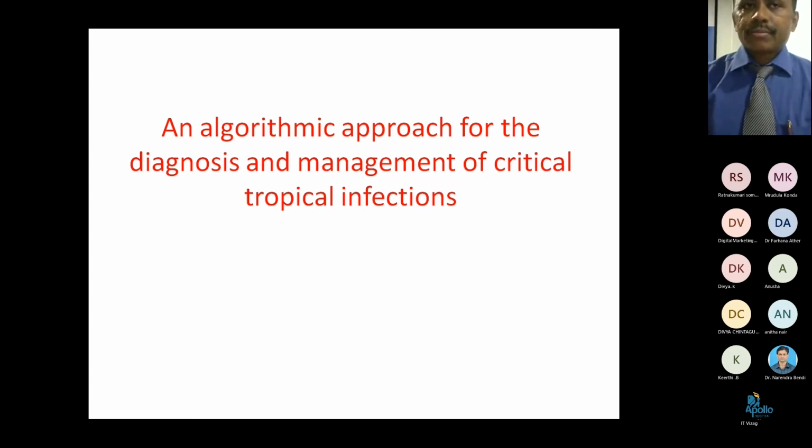So that was the basis for ISCCM to work on this particular area of healthcare, and they came up with a nice algorithm which would be helpful in simultaneously treating and diagnosing the disease. And this resulted in betterment of outcomes as far as tropical fevers are concerned. So what is this algorithmic approach?